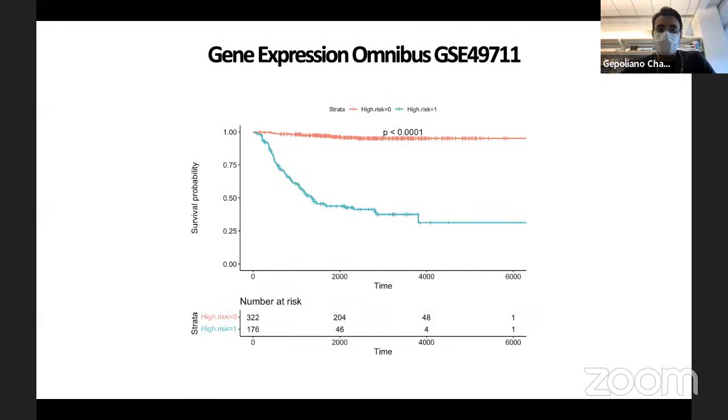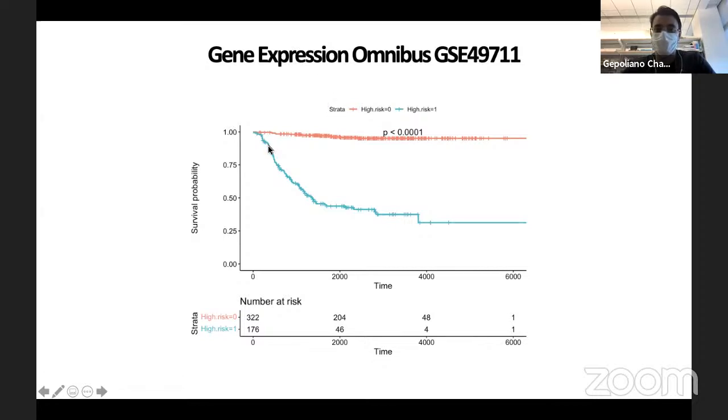So really what is established nowadays is that you can separate the group of kids that have neuroblastoma into two basic groups that are the high-risk group and the non-high-risk group.